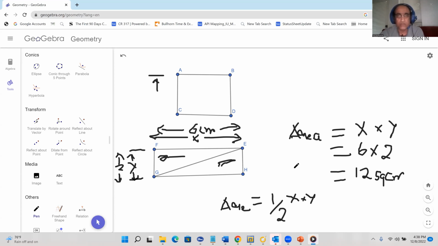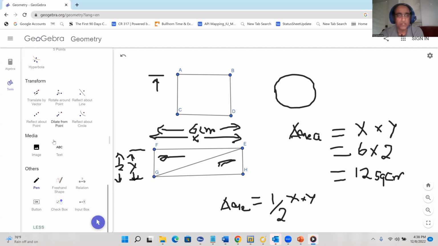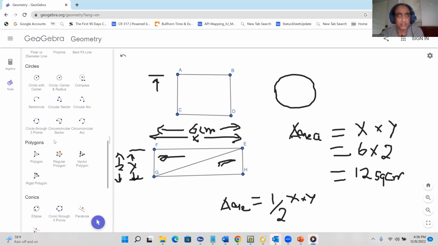So one very practical example of imagination of limits is your Earth, right? Earth is round in shape. But I can get something more better than that. Let's take this. Okay, circle with center. Okay, this is circle.